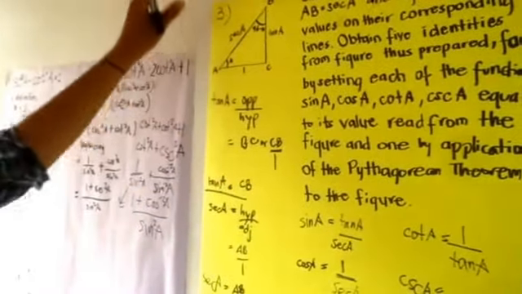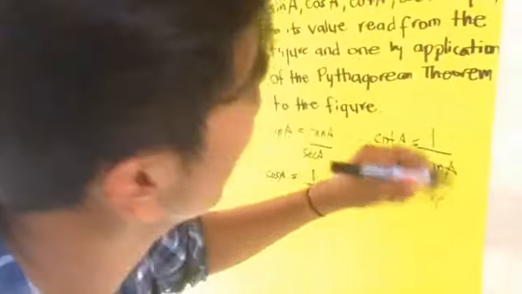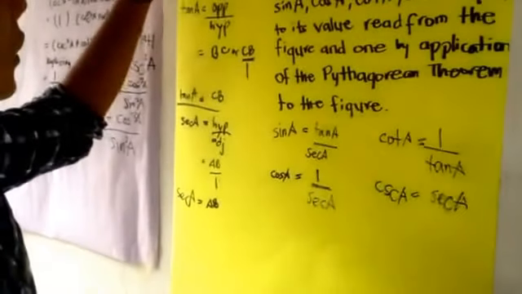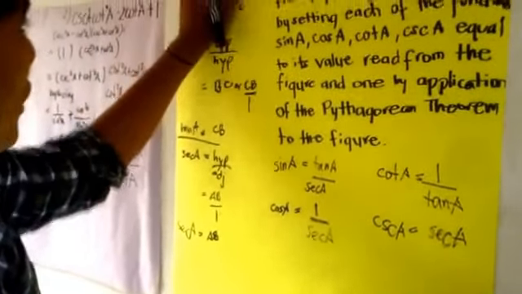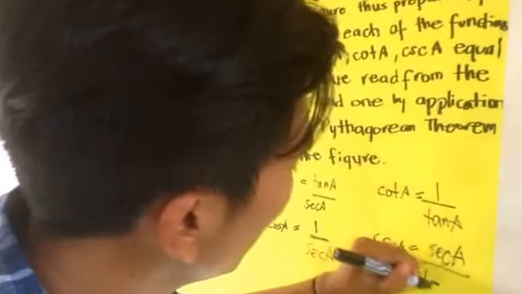So the hypotenuse is secant A, sec A here, all over the opposite, so the opposite is tan A.